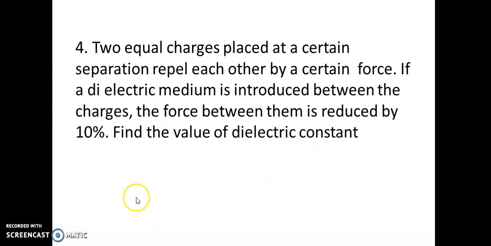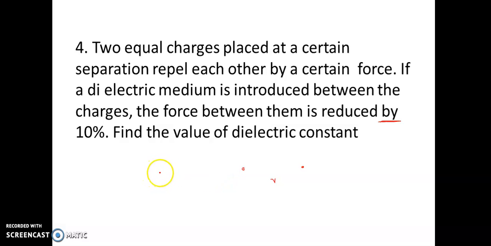So initially we have two charges separated by a certain distance r. Suppose a dielectric medium is placed in between. The force between them is reduced. Force എന്തായാലും decrease ചെയ്യാൻ നമ്മൾ പറഞ്ഞിട്ടുണ്ട്. So initially the medium between them is free space or vacuum, and after the dielectric medium is introduced, the force is reduced by 10%. Reduced to 2 എന്നല്ല, reduced by 10% എന്നാണ്.